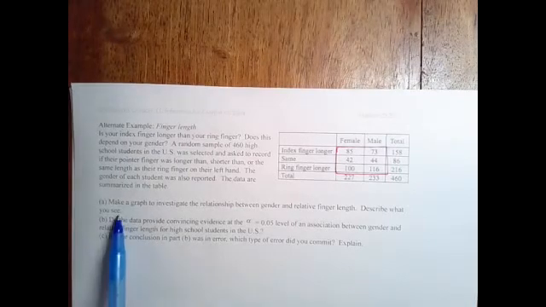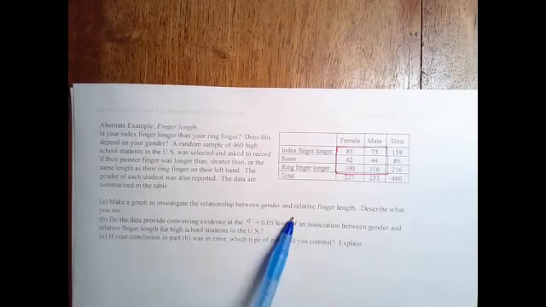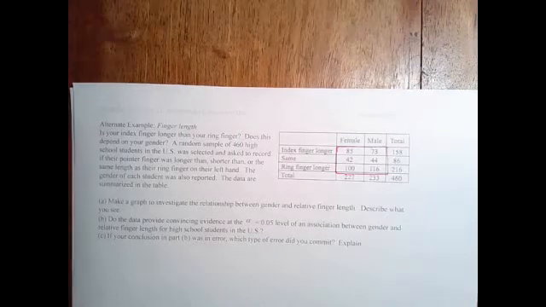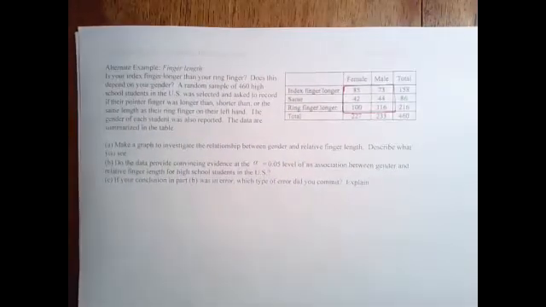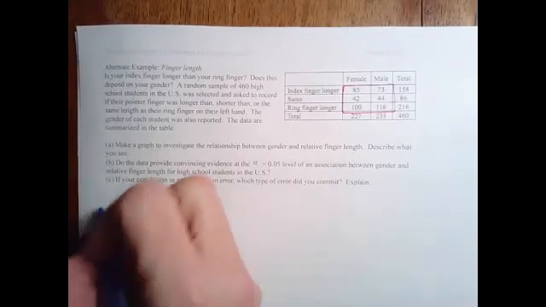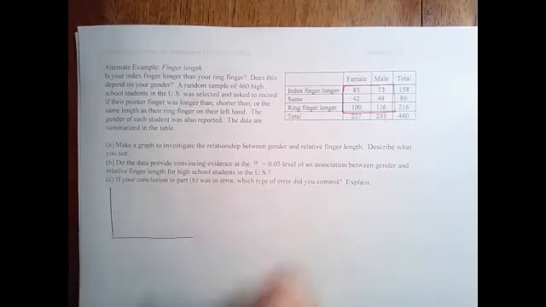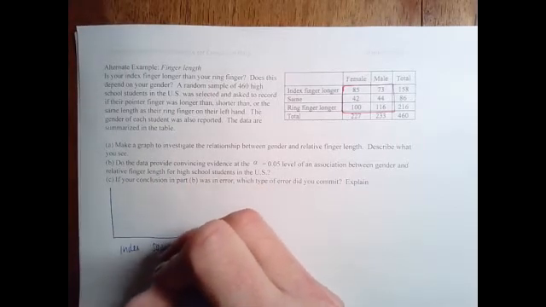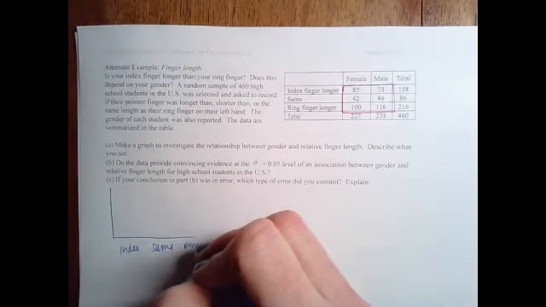First, you're asked to make a graph to investigate the relationship between gender and finger length. The appropriate graph for categorical data is a bar graph. You can do it stacked or side by side. I've got index finger, same finger, and ring finger.